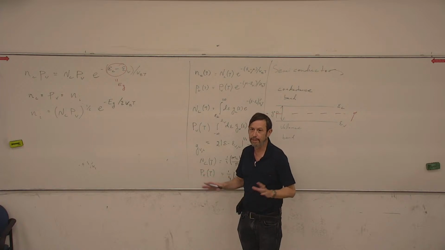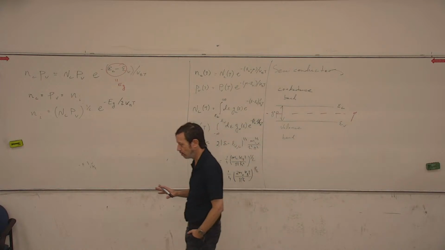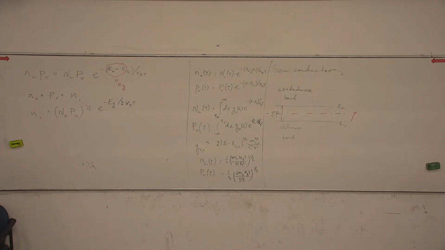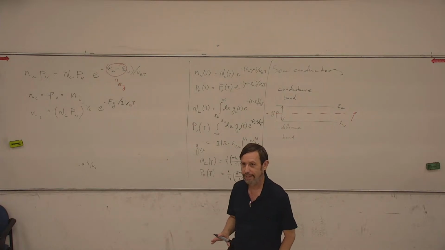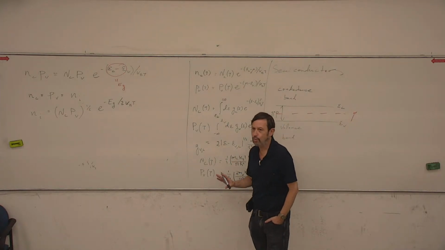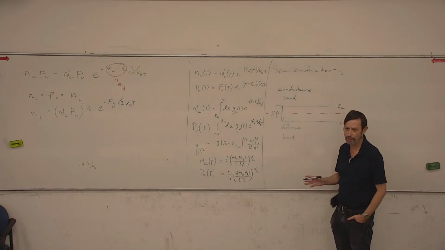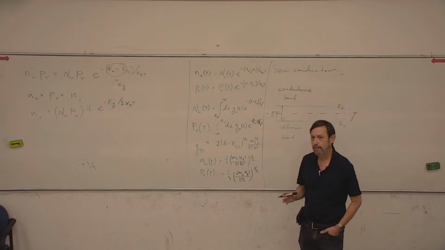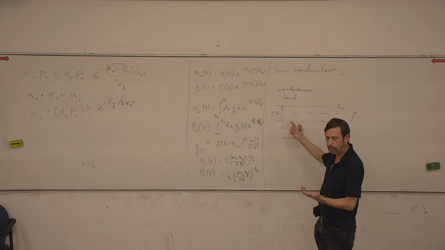So materials are always, and I'll give you a caveat about it, materials are always neutral except if you gate them. Everyone knows here what I mean by gated. There are two ways to change the population for a semiconductor. One is I put in temperature, I put in impurities.